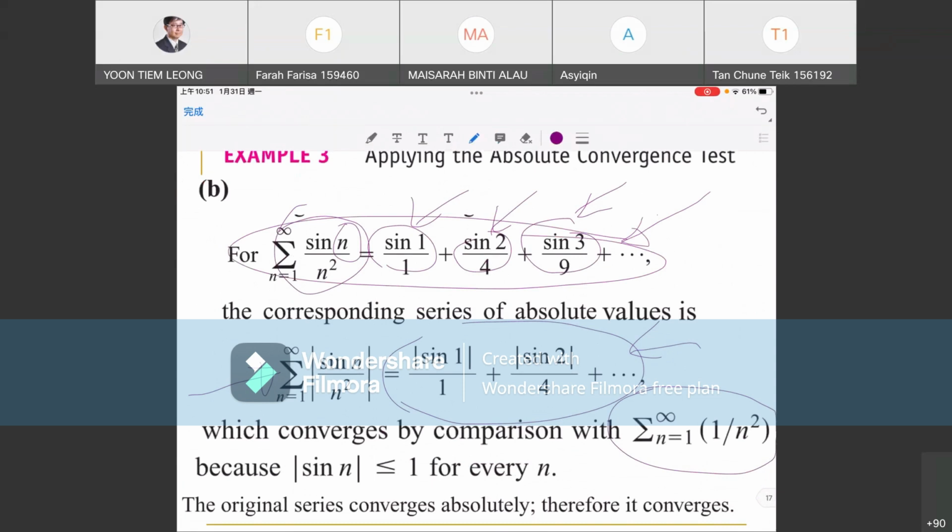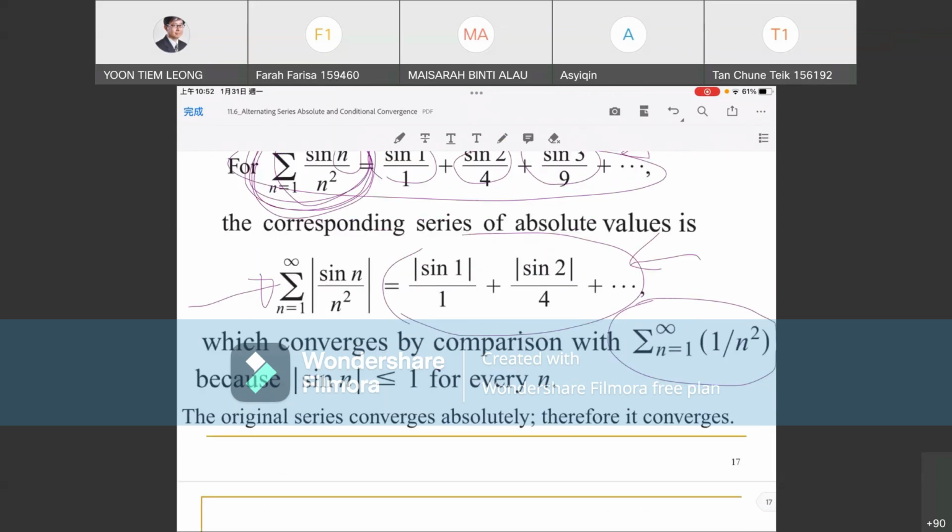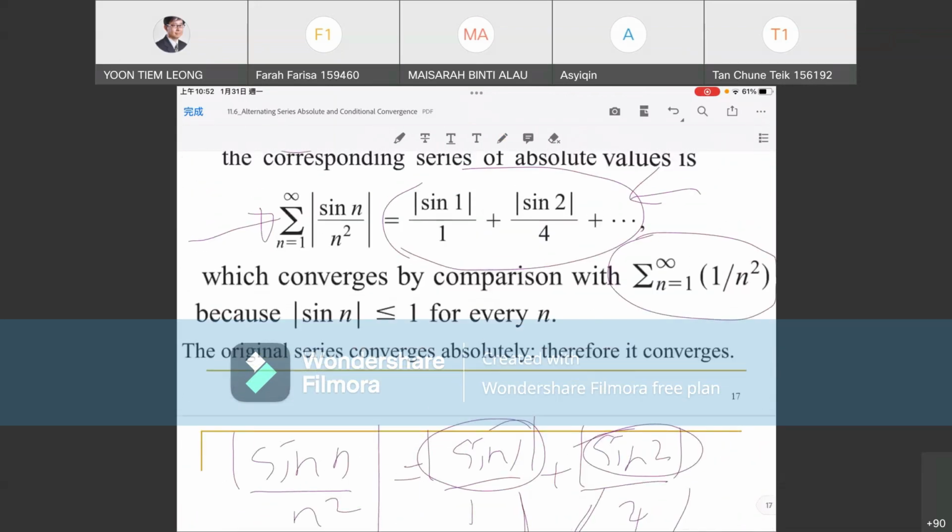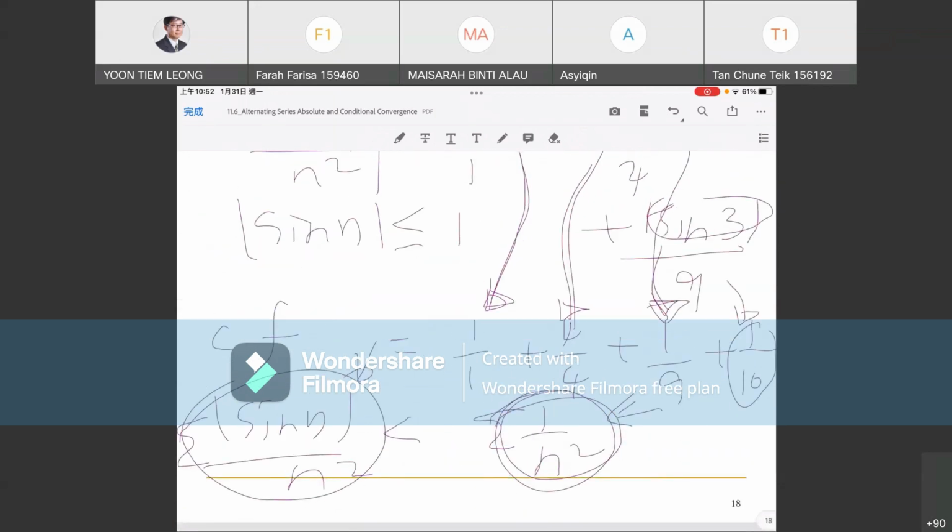So we have now proven what we want to find. We are asked what is the convergence status of this alternating series. We showed it converges absolutely, therefore it converges according to theorem 6. So that is the logical argument using absolute convergence as a tool.